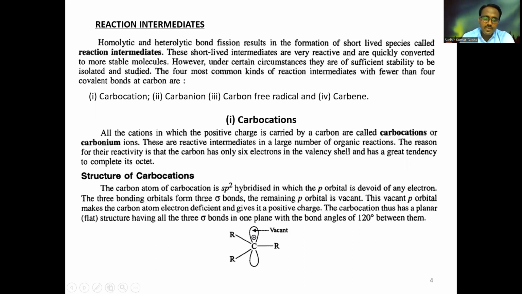So the hybridization of a carbocation is sp2, with a vacant p orbital, and it has a planar structure, with all 3 bonds at an angle of 120 degrees. So we have a flat planar structure with 3 sigma bonds, and this is the orbital structure of the sp2 hybrid carbocation.